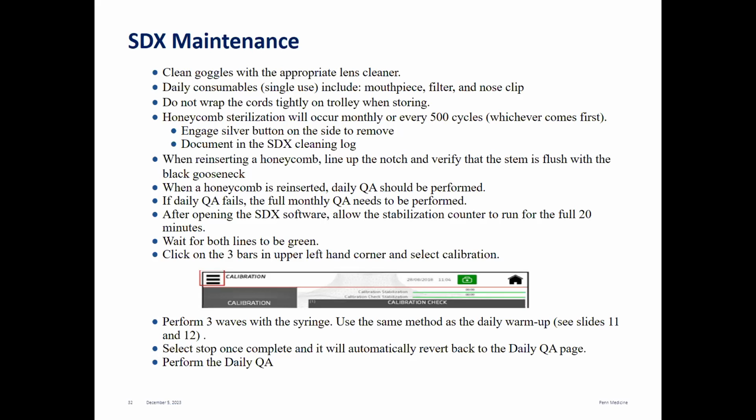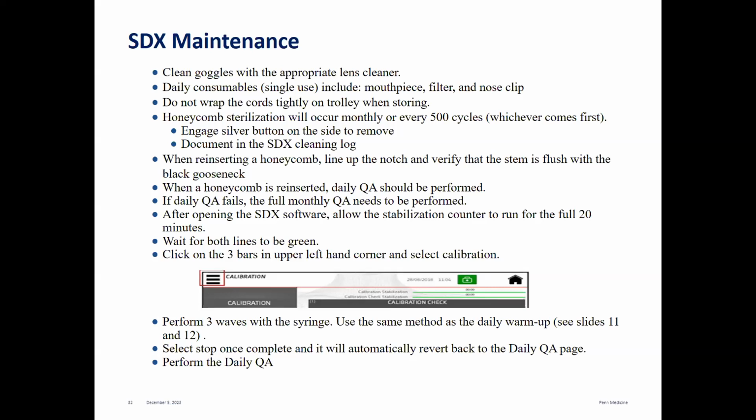After opening up the SDX software, allow the stabilization counter to run for the full 20 minutes for the monthly QA and wait for both the lines shown on the screen to be green. If you click those 3 bars in the upper left-hand corner, you would select the calibration under the drop-down box.